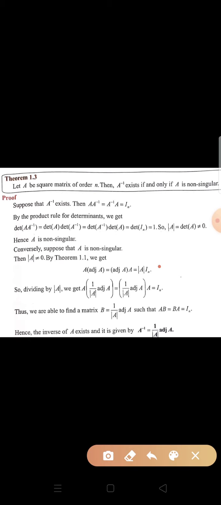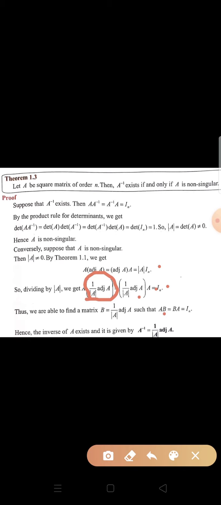Do you understand? We get the answer only In. Now we are able to find a matrix B. B is equal to 1 by determinant A into adjoint A, such that A into B and B into A is equal to In.